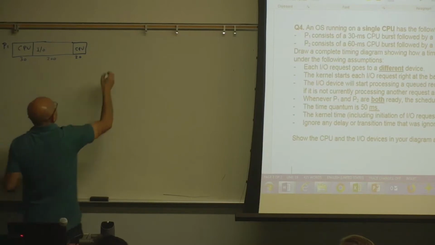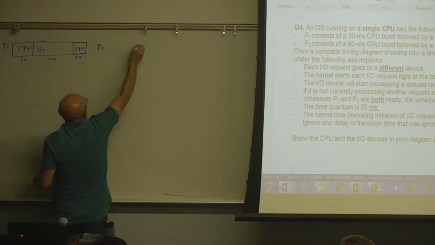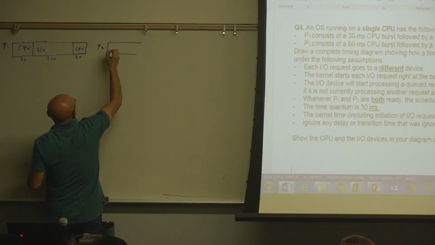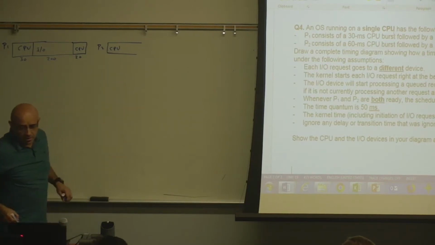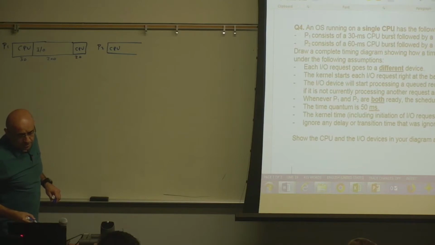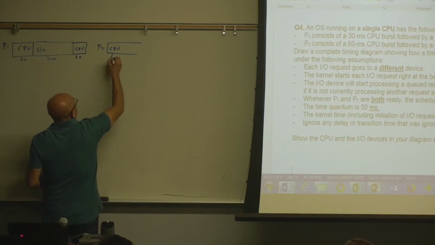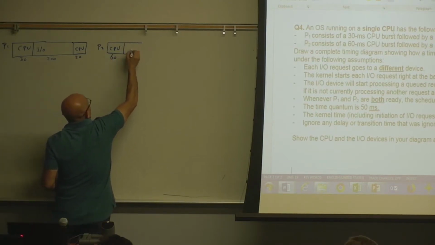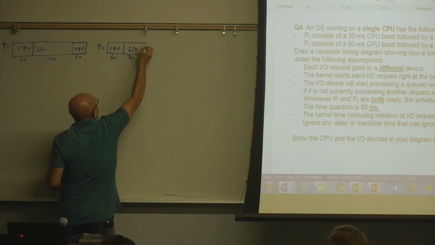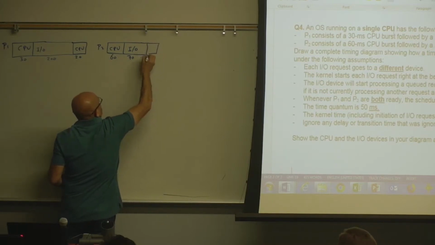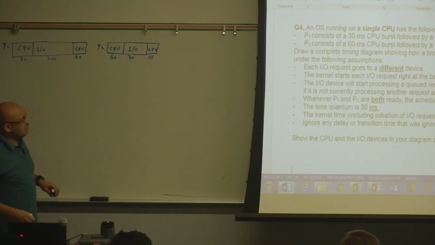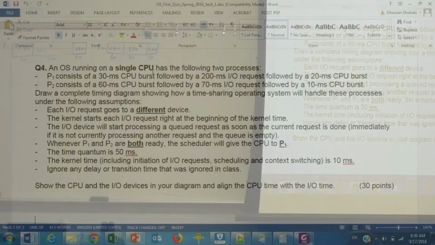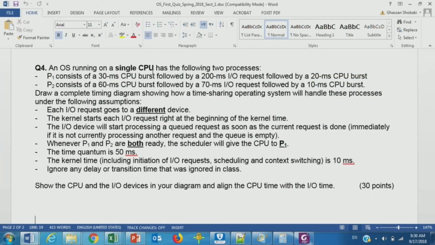And P2 will have a CPU burst of 60 milliseconds, followed by an I/O request of 70, followed by a CPU burst of 10, I think. So these are the processes. Now we need to draw the timing diagram of the operating system.